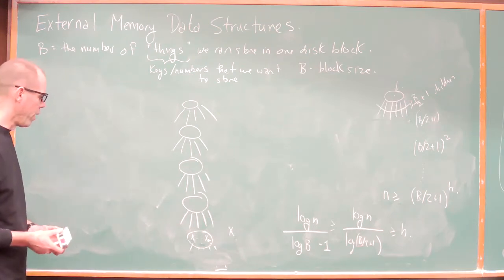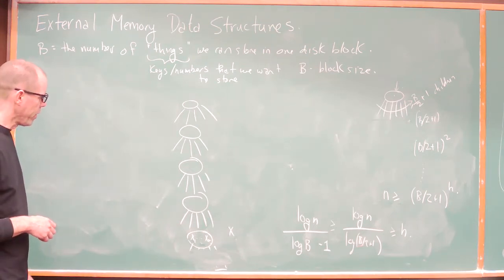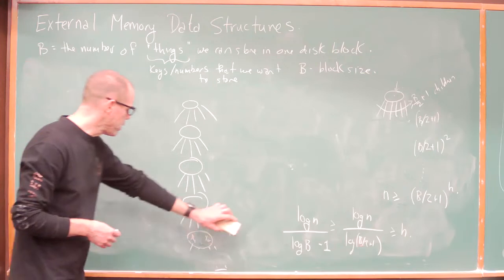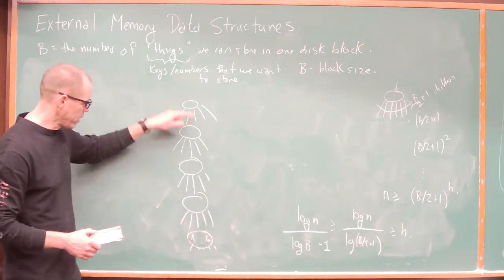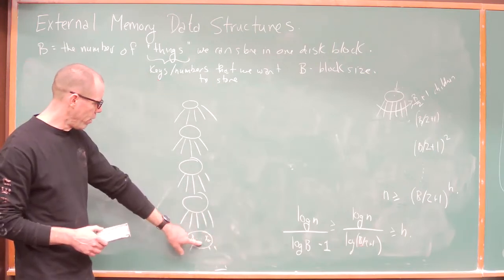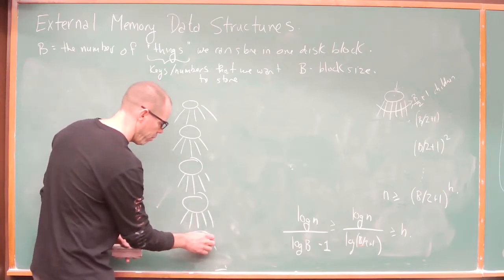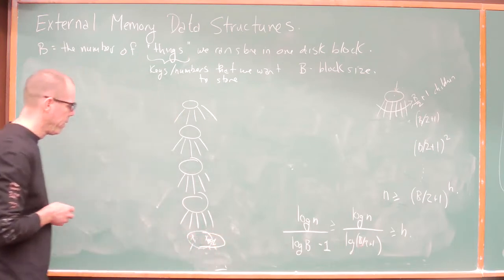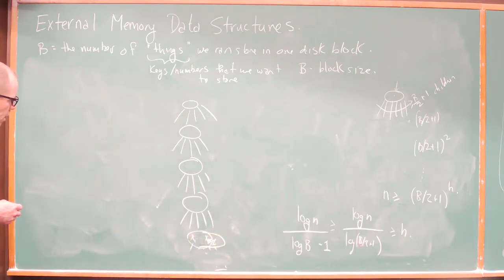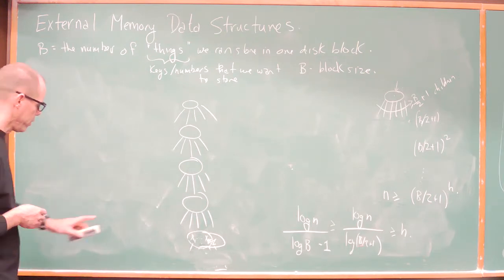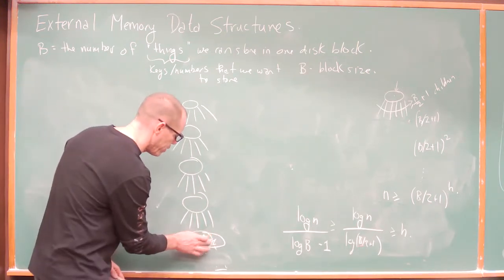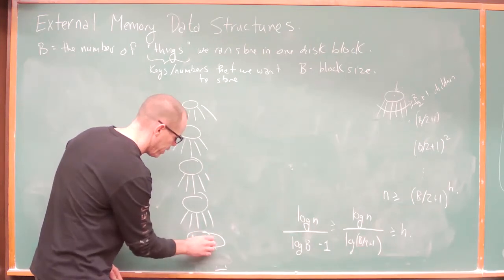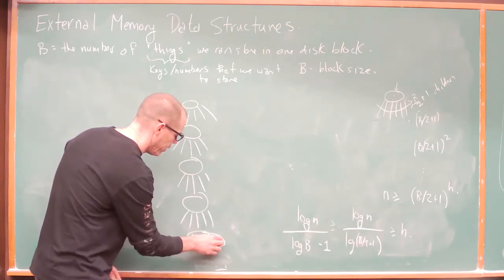But what if in that one odd instance you get to this node and it has exactly 2b minus 1 values in it? That's what it means for a node to be full.